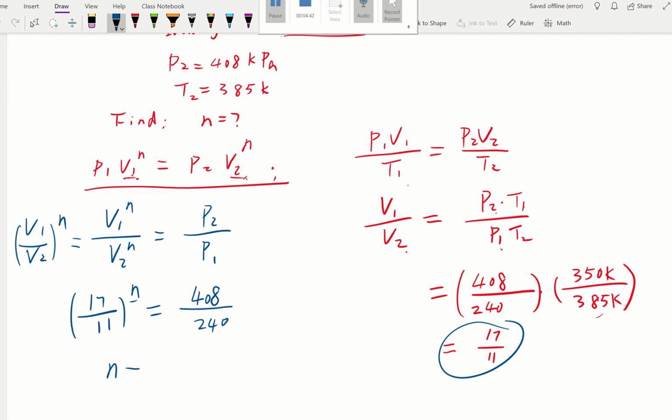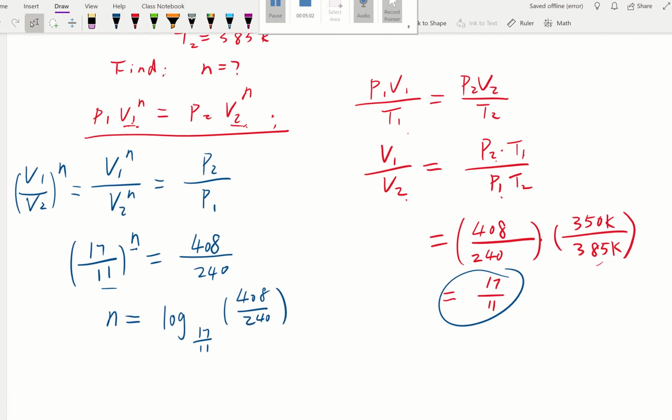Then the rest is just finding n. There are many ways to solve that. The easiest way on your calculator, because this is the exponent and this is the base, you can just do log base 17 over 11 of 408 over 240. If you can do that on your calculator, you solve your problem.